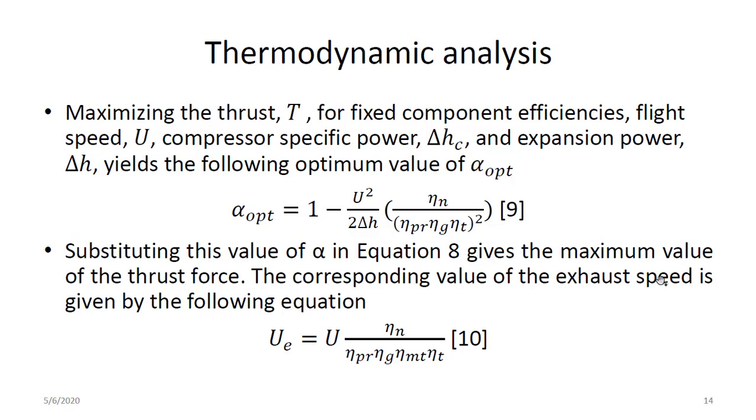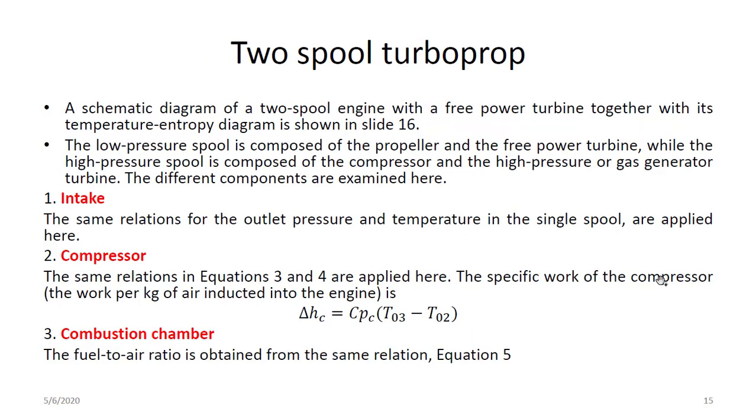So equation 10 is a result of substituting equation 9. So this is the optimum exhaust speed, where eta N is the efficiency of the nozzle, eta PR is the propeller efficiency, then the gearbox efficiency, the mechanical efficiency of the turbine, and the turbine efficiency.